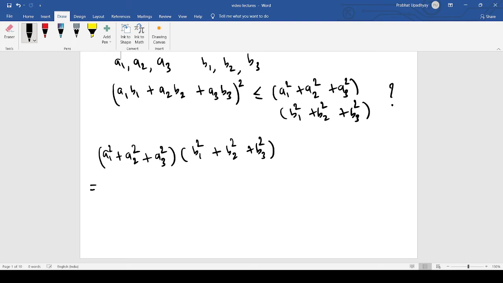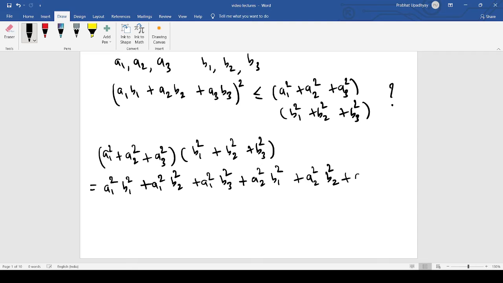If you multiply it, you will have a1² b1² plus a1² b2² plus a1² b3². Then a2² b1² plus a2² b2² plus a2² b3². Then a3² b1² plus a3² b2² plus a3² b3².